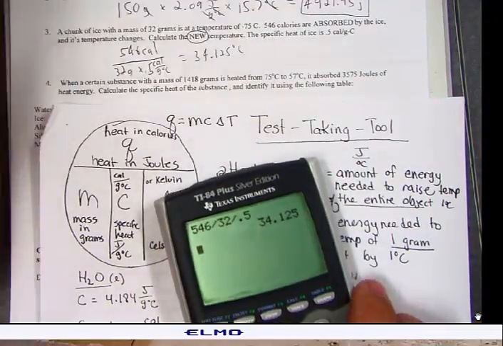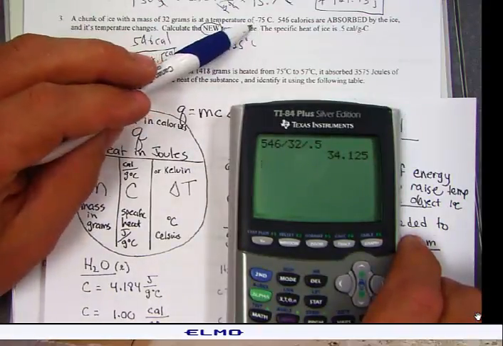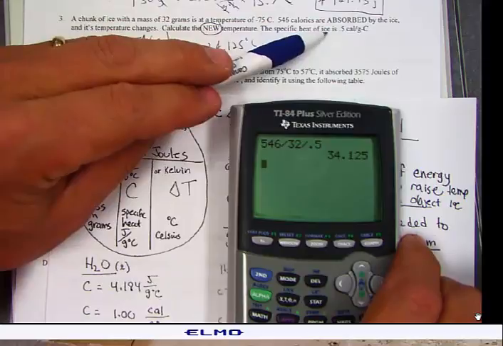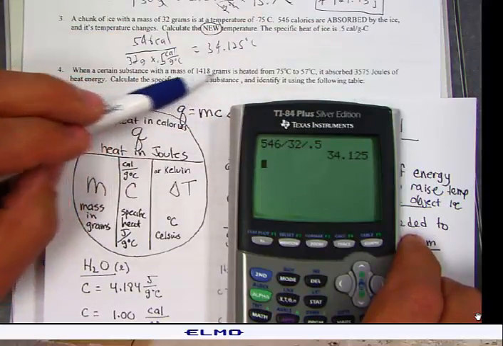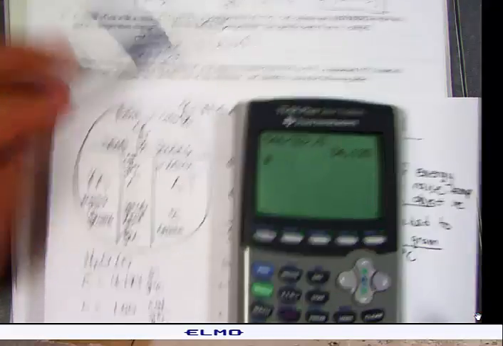And that's degrees Celsius. But now we have to analyze this. It started out at -75, and if it absorbs heat, it's going to warm up by 34, so it's going to get 34 degrees warmer.